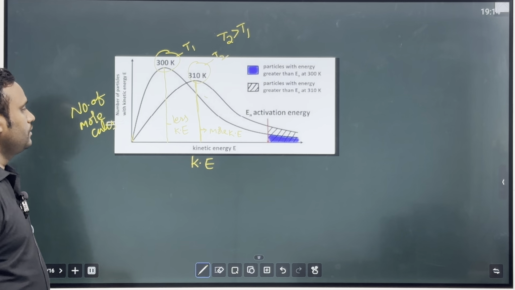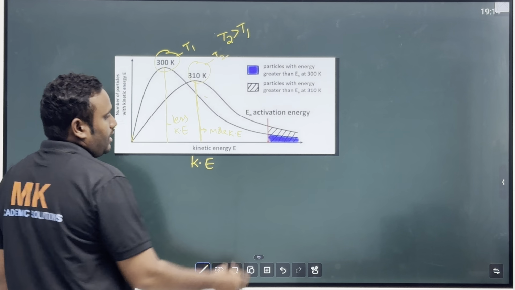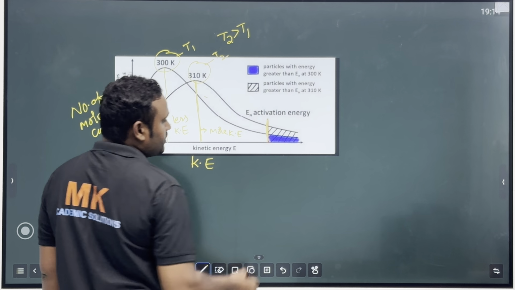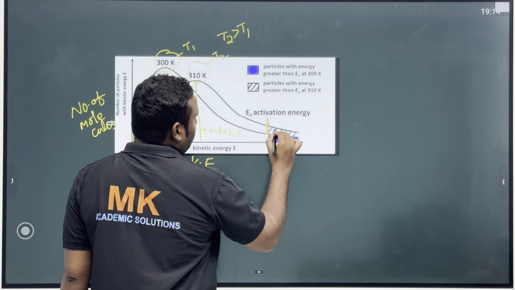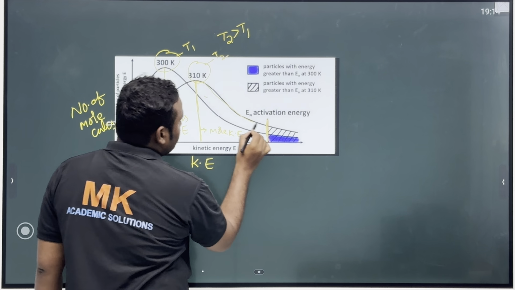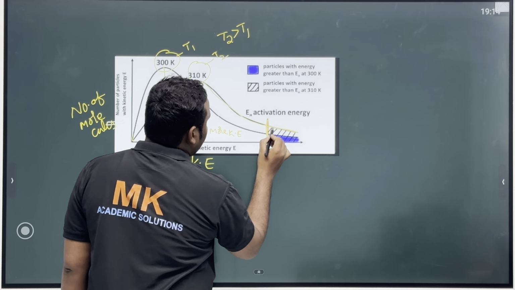Right, children. Let us consider this is the activation energy. At this activation energy, how many molecules cross this barrier? See, at temperature T2, more molecules are crossing.